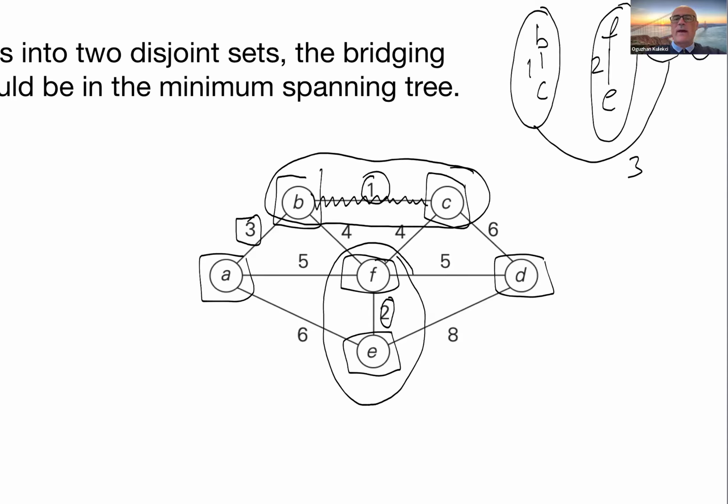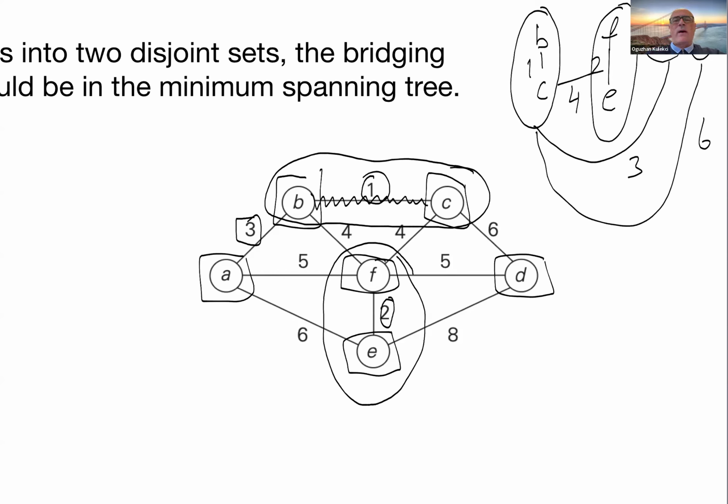How can I connect FE with the others? Let me finish the BC part. BC is connected to A with 3. BC is connected to D with a cost of 6. And BC is connected to FE with a cost of 4.